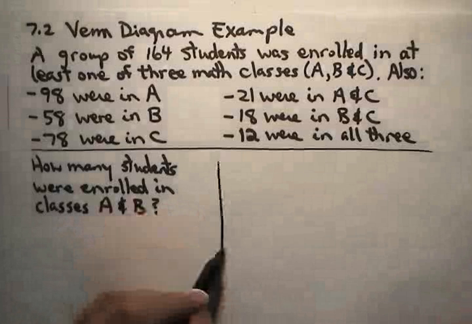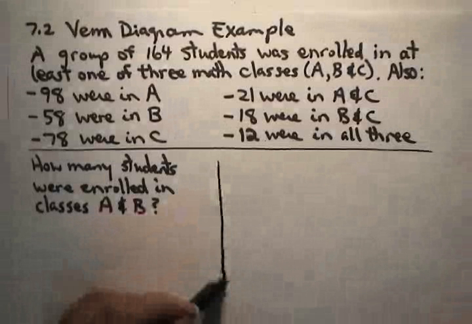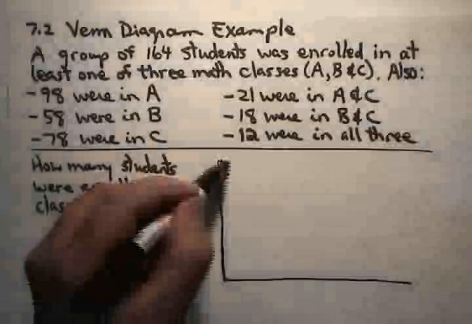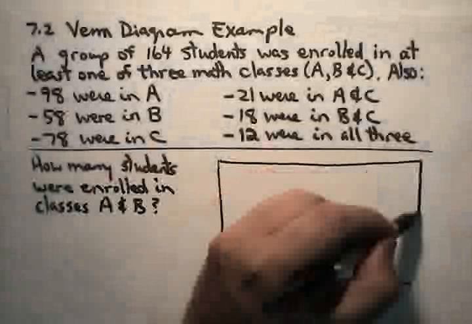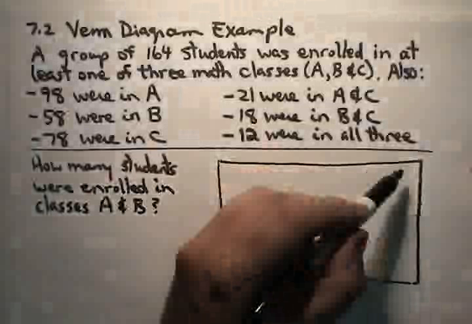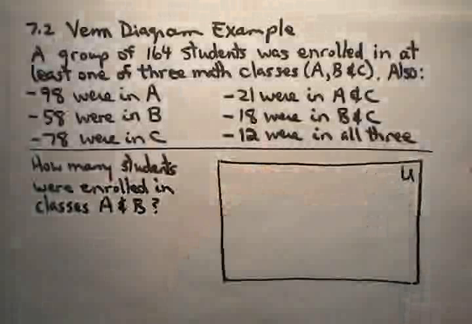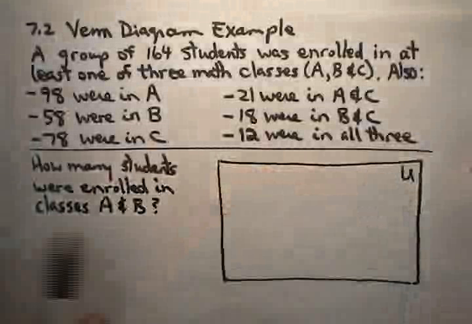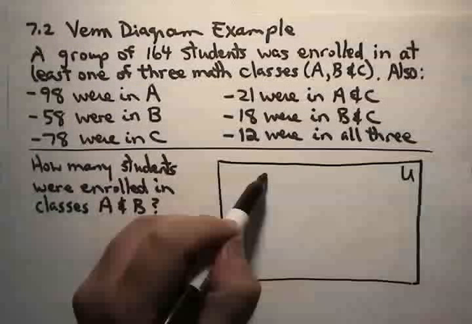First thing we want to do is begin our Venn diagram, drawing the universal set. This time we've got three classes, A, B, and C, so we need three circles, one for each class.